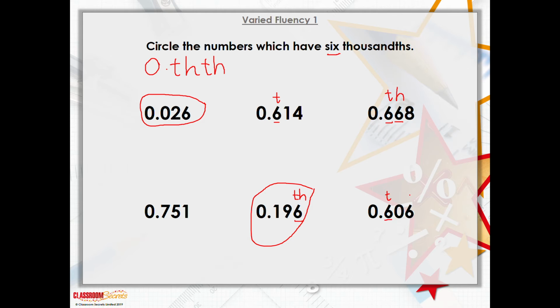The second 6 is in the thousandths column. So yes, this number also has 6 in the thousandths column. So just to reiterate, circle the numbers which have 6/1000ths. This one, because the digit 6 is in the thousandths column, and this one here.